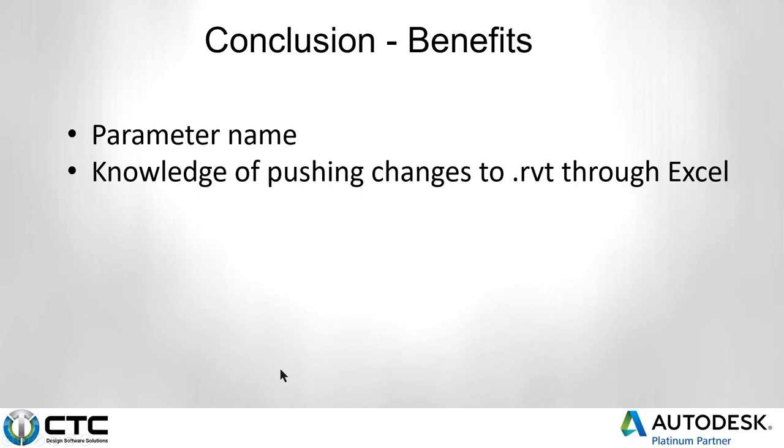Second benefit includes knowledge of pushing changes to Revit through Excel. So like you saw the spreadsheet, you saw the red line boxes, you know that if you edited something with inactive gray text, you're not necessarily going to push changes successfully. And if you don't see the changes in your schedule, again, it's always worth a shot to double check if you have duplicate parameters with duplicate GUIDs coming from 2 duplicate shared parameter text files.